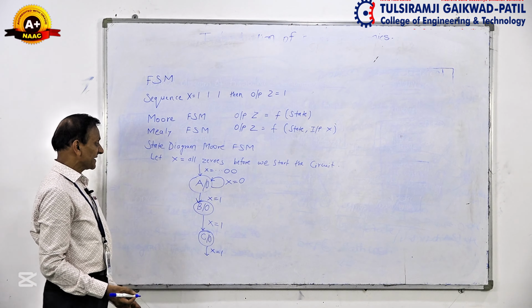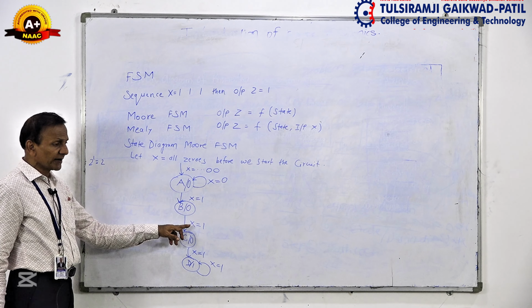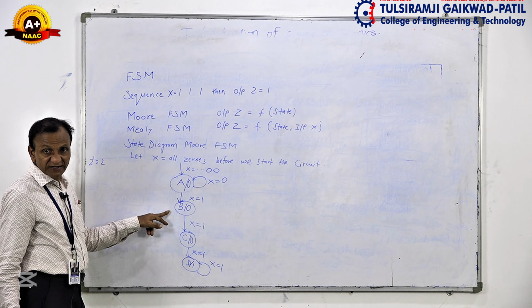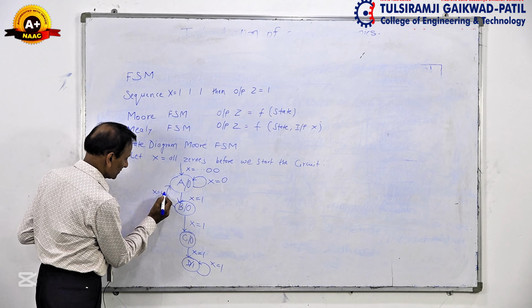Now, in every state we should have 2 arrows leaving the state, because we have got one input X. So, 2 to the power 1 is 2. Now, in state B we have taken X equal to 1; where will the machine go for X equal to 0? When we get X equal to 0, our sequence is broken. So, the machine will go to state A for X equal to 0.